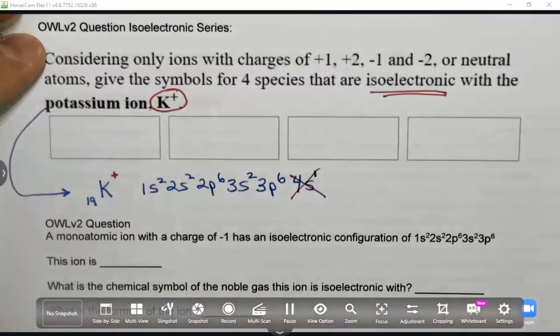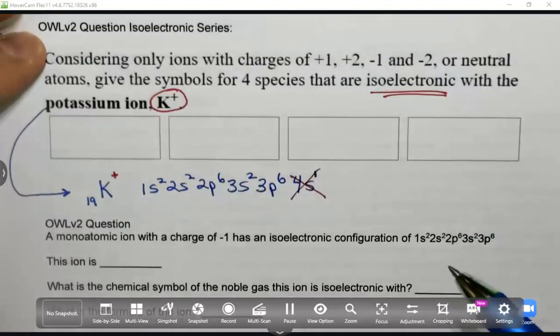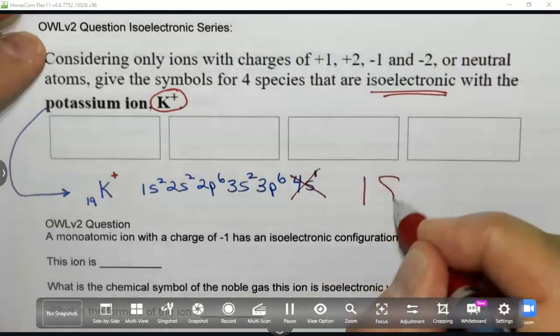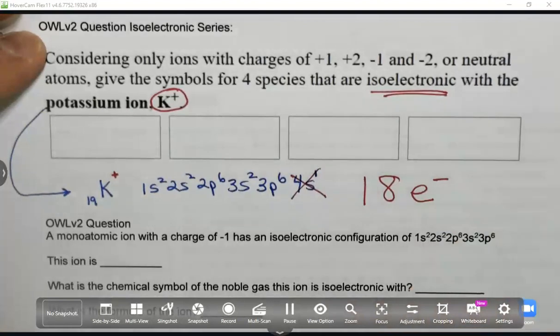So I'm going to get rid of that, right? So how many electrons are we talking? We're talking 18 electrons.